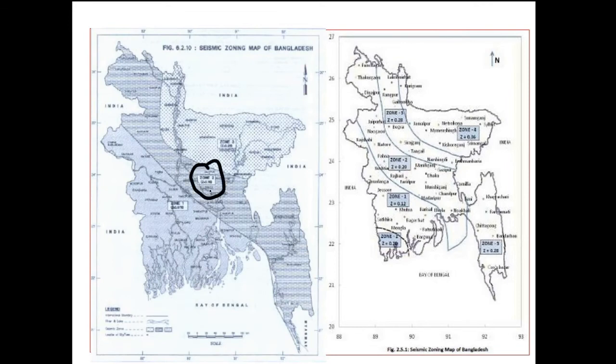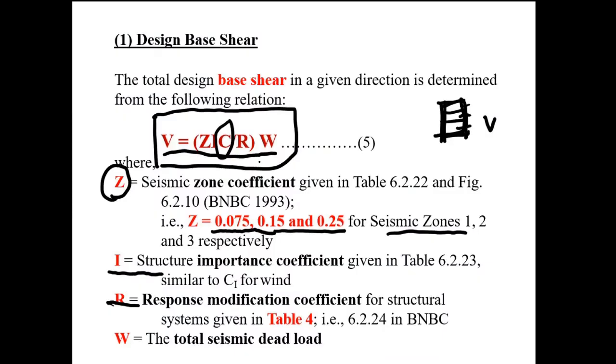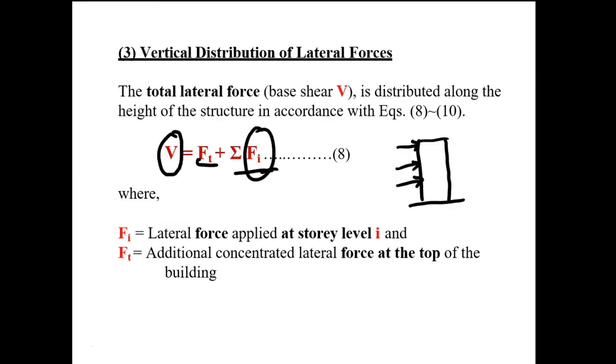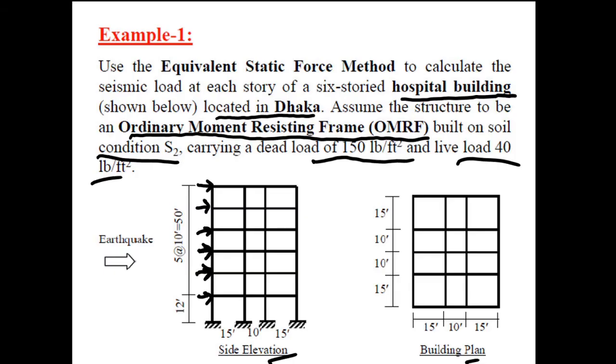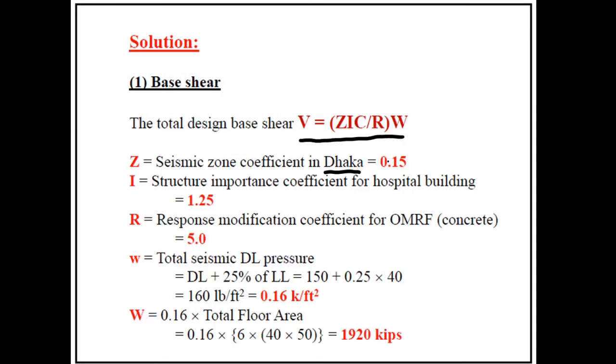For this zone, according to BNBC 1993, the value of Z is 0.15. So we are going to use this formula with this value 0.15, and the structure importance coefficient for a hospital building is 1.25.